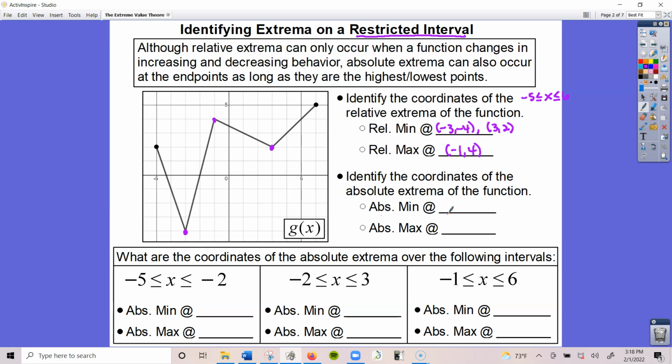So your absolute minimum, the absolute lowest point on this graph is this one right here, which we identified to be -3, -4. Now the absolute maximum, we're looking at the absolute tallest point on the graph, and that is here at 6, 5.